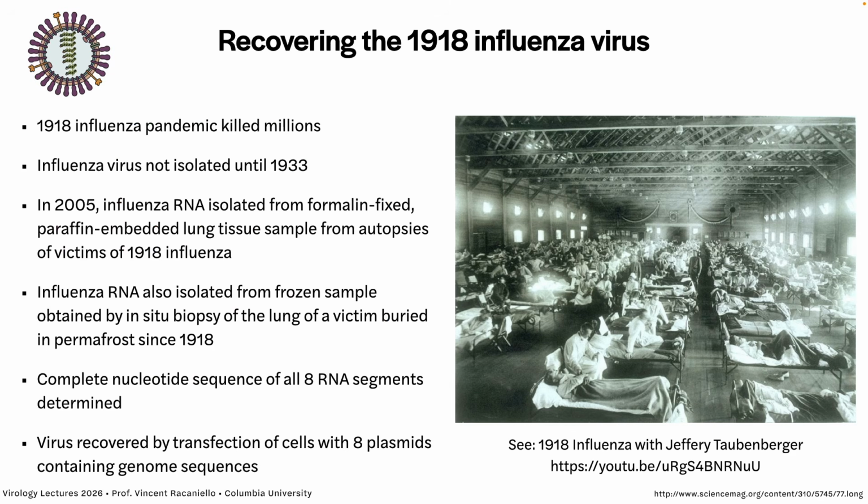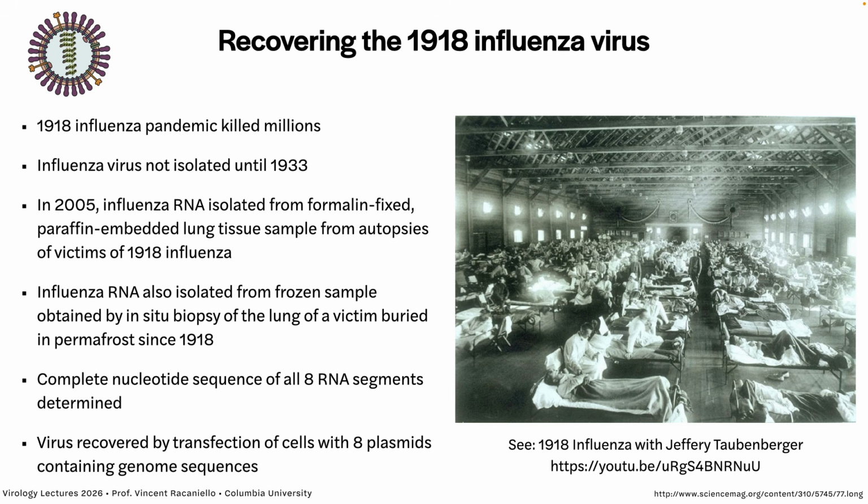Now, this technique was used to recover the 1918 influenza virus. So back in 1918, there was a pandemic of an influenza virus, killed millions of people, way more than the COVID pandemic. We didn't have virus in 1918. We didn't isolate influenza virus until 1933.